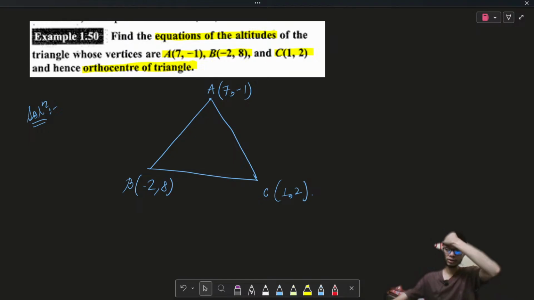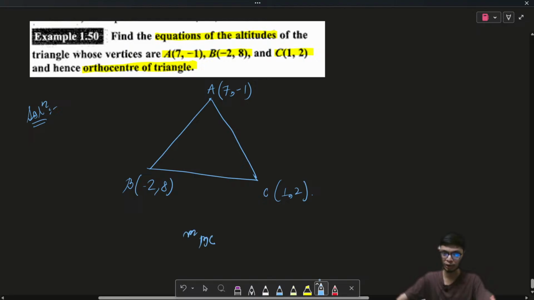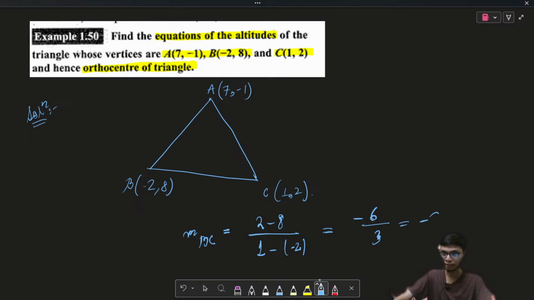Let us see how we can formulate the problem. First of all, find out the slope of the line BC. The slope is going to be 2 minus 8 divided by 1 minus of 2, which comes out as minus 6 upon 3. The slope of the line BC is going to be minus of 2.